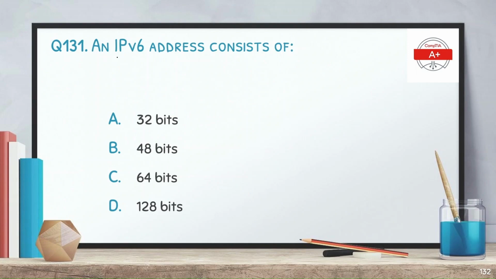Question number 131 is that an IP version 6 address consists of, and the options are A, 32 bits, B, 48 bits, C, 64 bits, and D, 128 bits. And the correct option is 128 bits. IP version 4 basically consists of 32 bits.